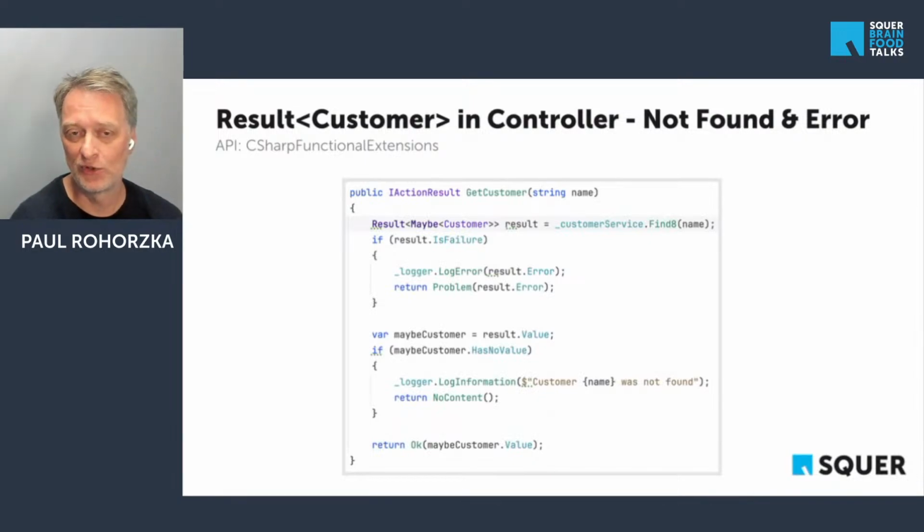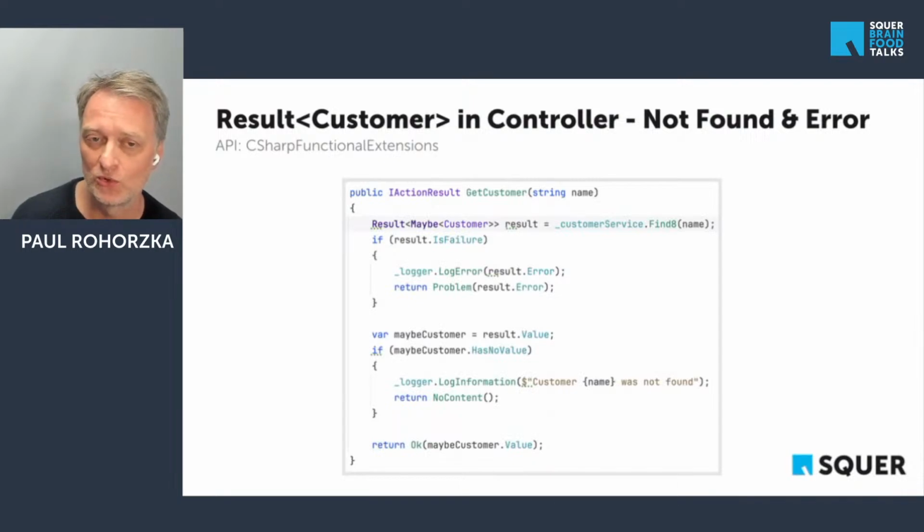That first one, the outer shell, the result, takes care of the technical part. So did it in principle work to talk to the database or to our backend system? And then within, if it's fine, we have a maybe of customer, because it could still be that the name that we were looking for was not to be found in the database. And so we have a pretty nice separation of those two concerns.